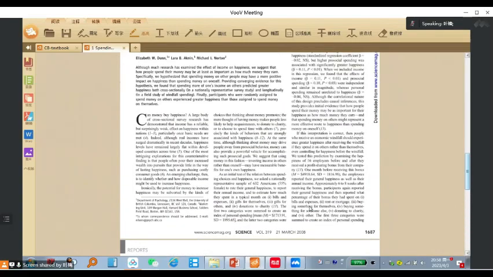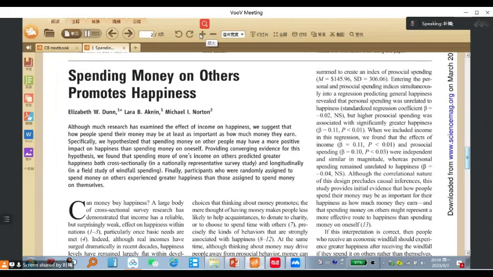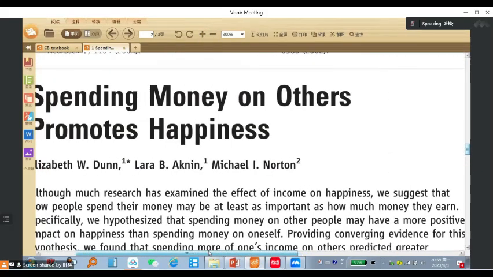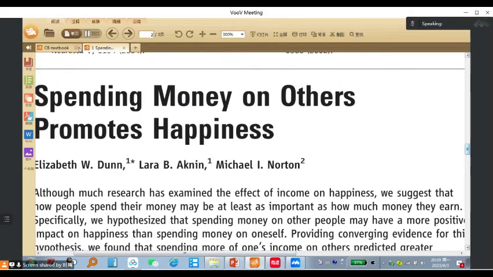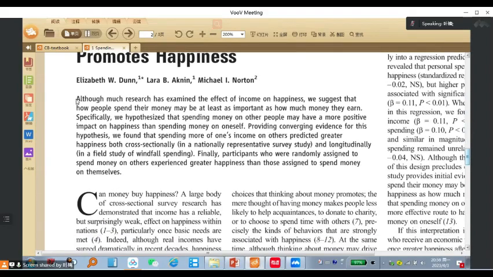Okay, and now we have a short look at this article. The abstract: Although much research has examined the effect of income on happiness, we suggest that how people spend their money may be at least as important as how much money they earn.